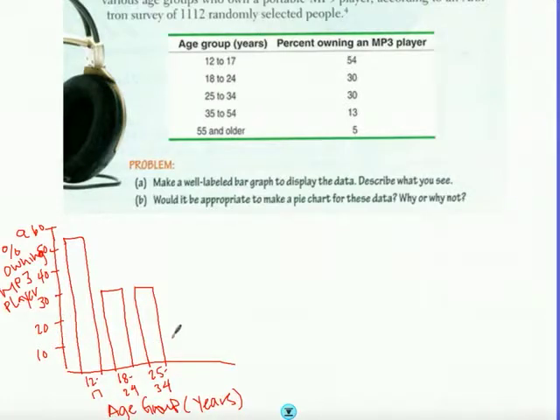Let's say somewhere right in here. And this is 35 to 54, and then 55 and older is down at 5%, so halfway between 0 and 10 over here at 5%, and that's 55 plus.